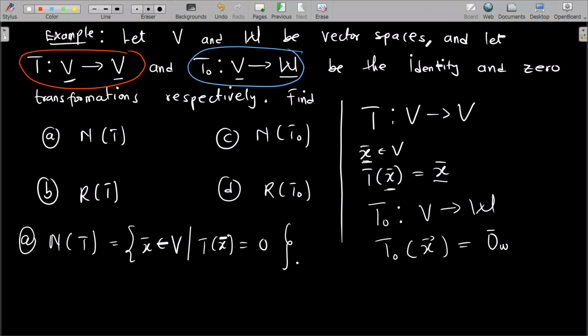Remember, the identity transformation is just taking an element and giving the element back. So the identity transformation, if this is going to give us 0, that is a 0 vector, then this is only possible if and only if X is equal to 0.